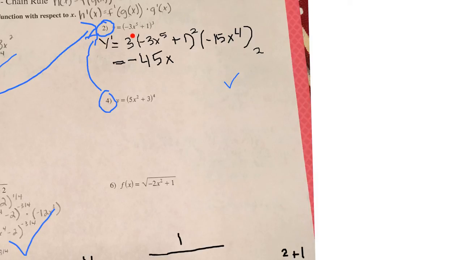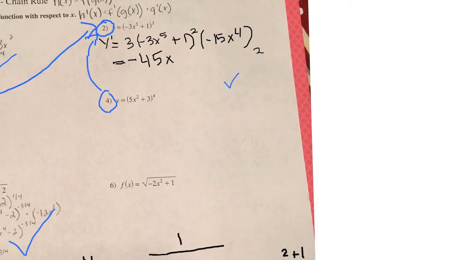So I just say 3 times negative 15, that's where this negative 45 comes in. And so yeah, 3 times negative 15x to the 4th is negative 45x to the 4th. And then we can't do anything here unless we wanted to expand this by foiling and doing all sorts of stuff. So we're good. This is our final answer.